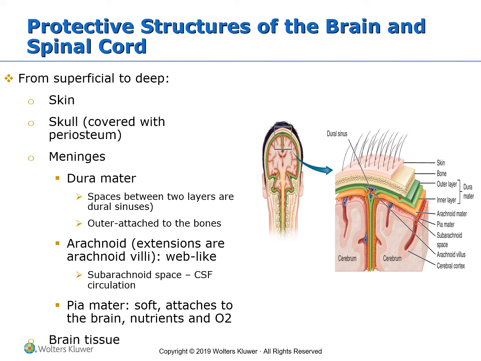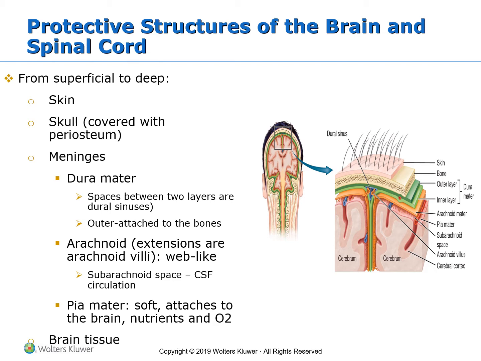The name arachnoid is given because arachnoid means webs or spiders. Those extensions, the arachnoid villi, look like a web created by a spider. Inside the subarachnoid space, we have a fluid called the cerebrospinal fluid, and we also have a very rich web of blood vessels.